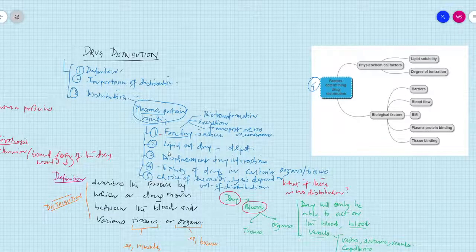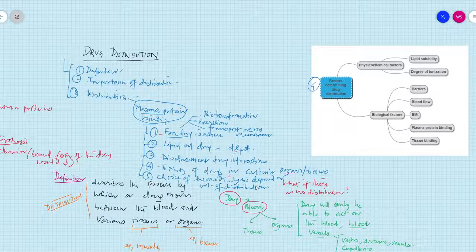And we understood that lipid-soluble drugs can form depots. And we talked about important displacement drug interactions, which are again a consequence of plasma protein binding. And we talked about toxicities in certain organs because the drug gets distributed to those organs. And we said that hemodialysis is not a good idea for drugs which have a large volume of distribution.